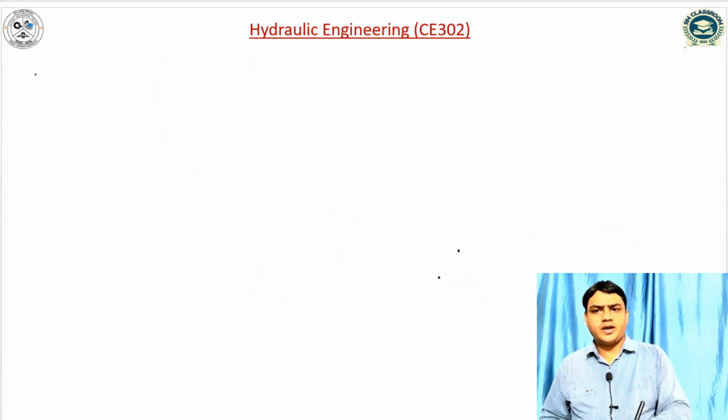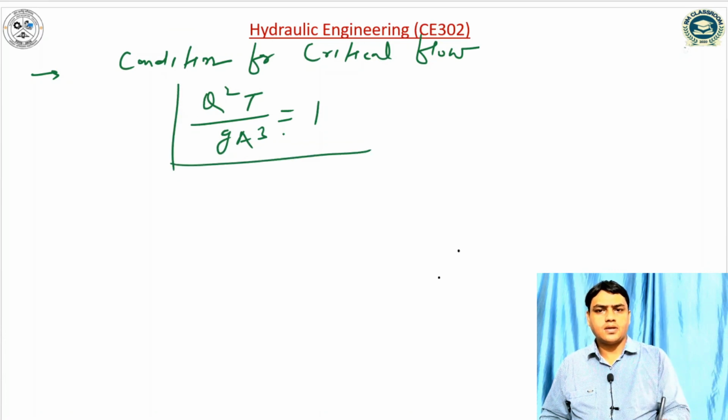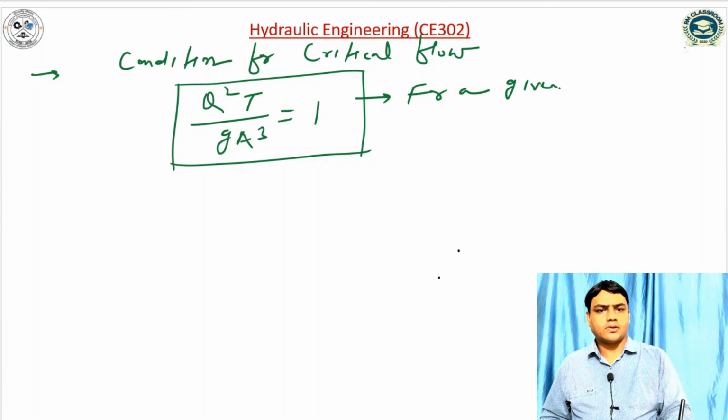So we have derived the condition for critical flow, and we have seen that Q square T by g A cube is equal to unity. This is the condition for critical flow for a given value of discharge.